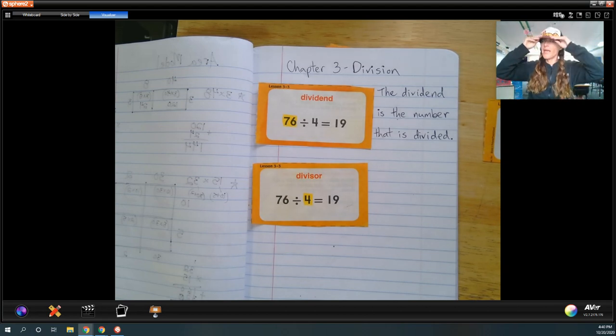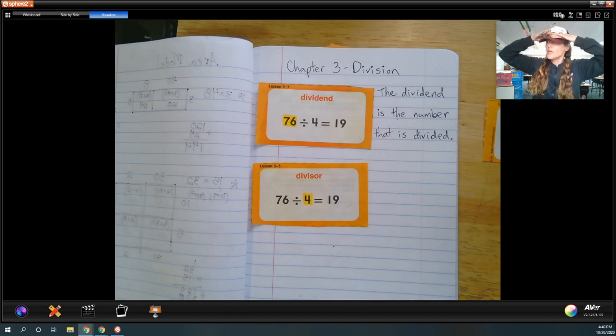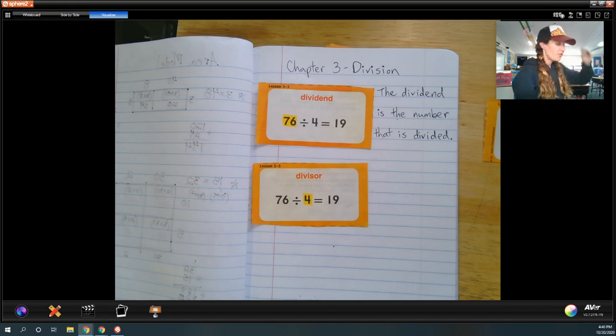I wore my hat so you guys remember: if you're wearing a visor, it's like a hat without the top. It's like coverage for your face, but not necessarily the top of your head. The visor part is basically the bill. So I always remember the divisor would go on the outside and sit on top, like our visor.